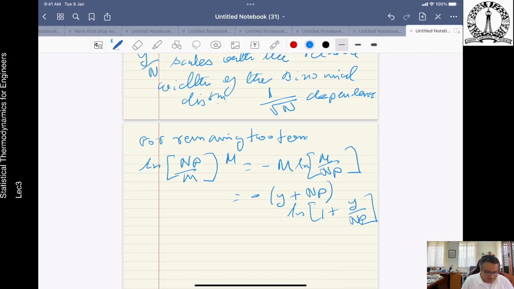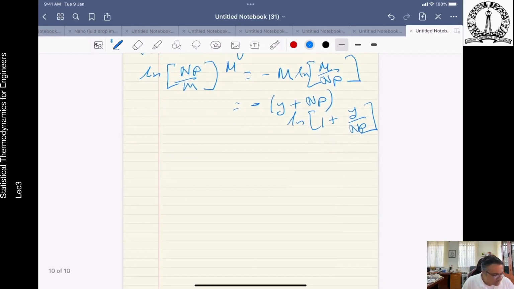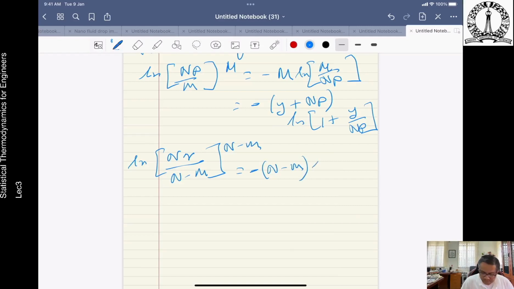Now the other term, which is ln nq divided by n minus m raised to the power of n minus m, is given as minus n minus m ln n minus m by nq, which is further given as minus nq minus y ln 1 minus y by nq.